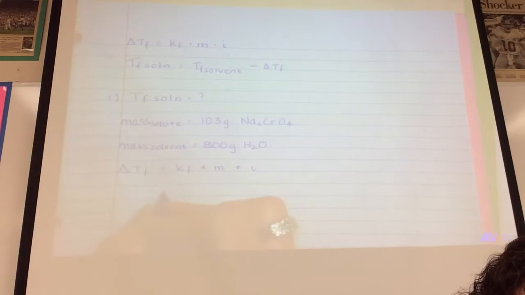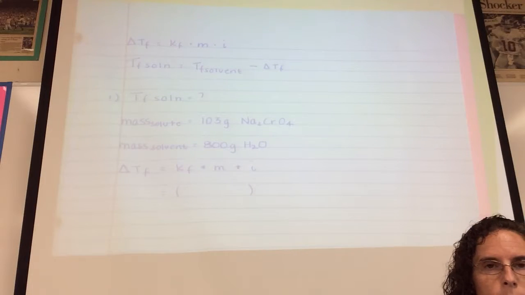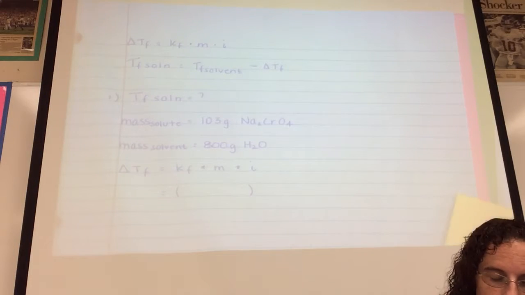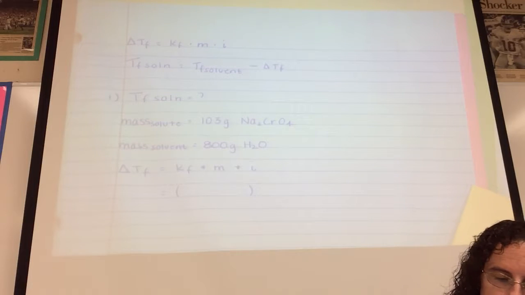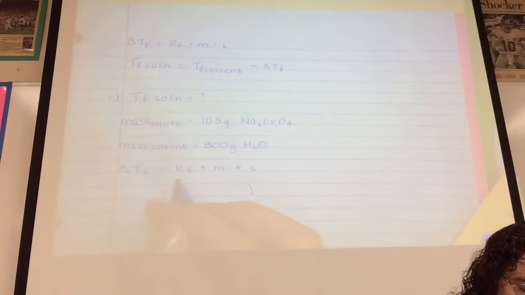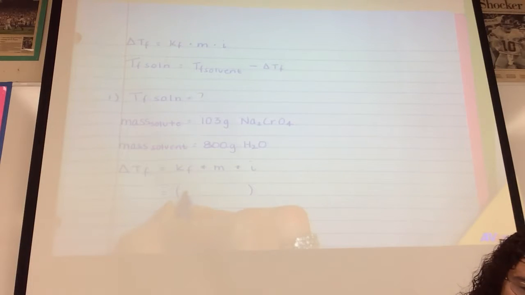Where do we get Kf from? Back of the periodic table, what's our solvent? Water, what's the Kf? Good, 1.853 degrees Celsius kilograms over moles.